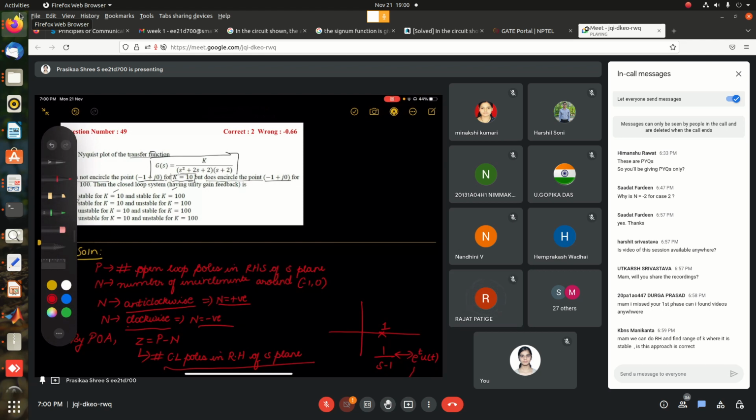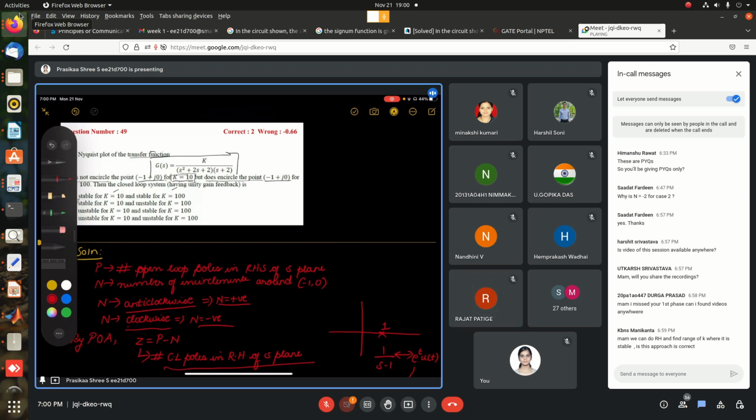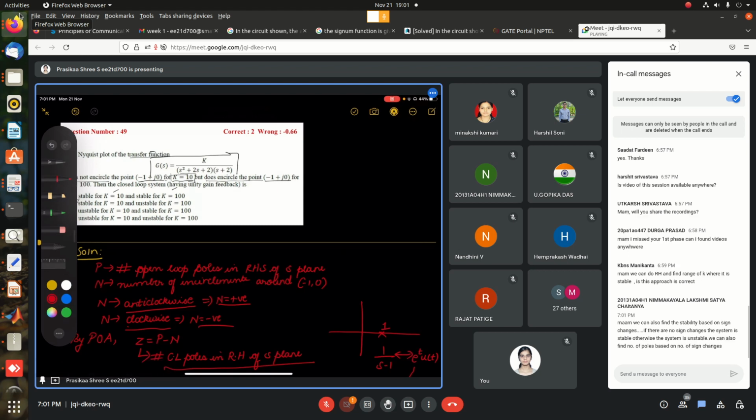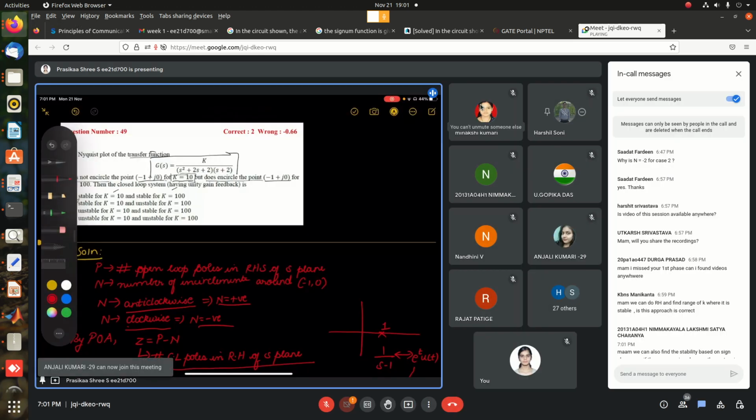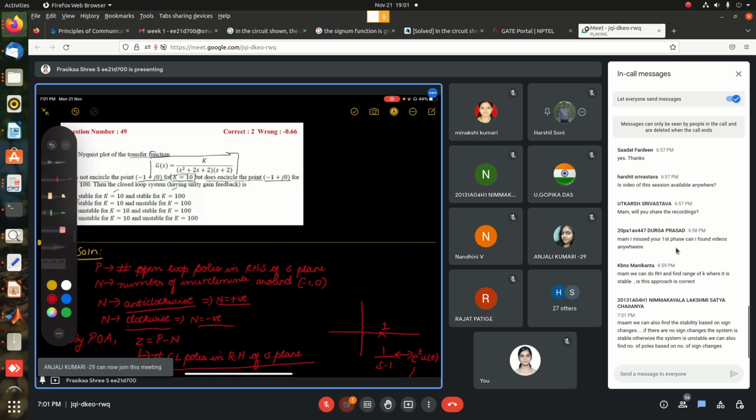That is part of the question which they have given. Usually they do the Routh array for a closed loop transfer function. That's what you have read in control systems. When you formulate a characteristic equation out of the closed loop transfer function, you write those values in the Routh array, formulate the full table and find out how many sign changes, that is, how many poles are lying in the right half of the s-plane.